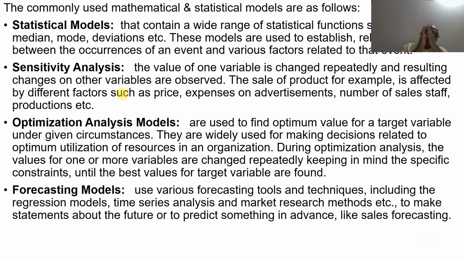That means whatever constraints you want to apply on that model, we apply them and keep changing one or more variables until the best targeted value is found. So what is the best optimized value you will get for that particular model.